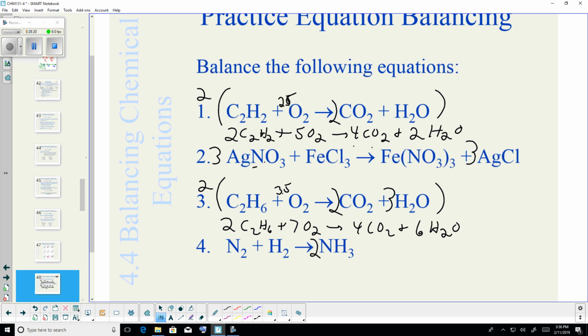There you go. This I'm only multiplying the coefficients, yes. All right.